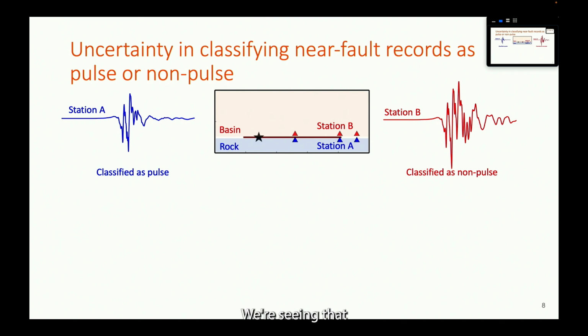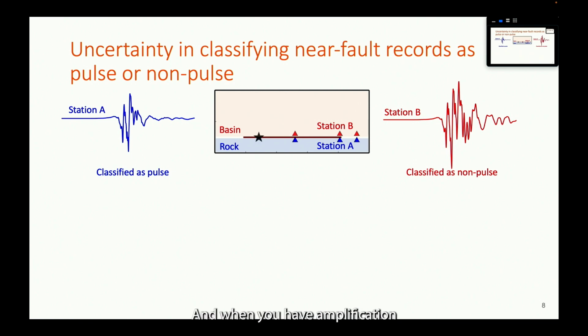We're seeing that if we're looking at kind of mirror stations with everything else being equal and just the difference in the site conditions, we will see that the methods that we typically use to classify or categorize a record as pulse or non-pulse may actually miss the ground motions that have pulse features on soft soils, because those algorithms are typically looking for just kind of one or two cycles of shaking that are predominant in the record.